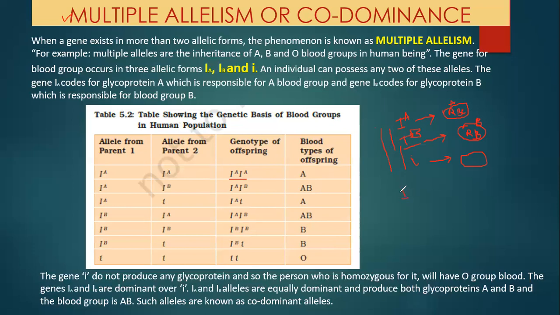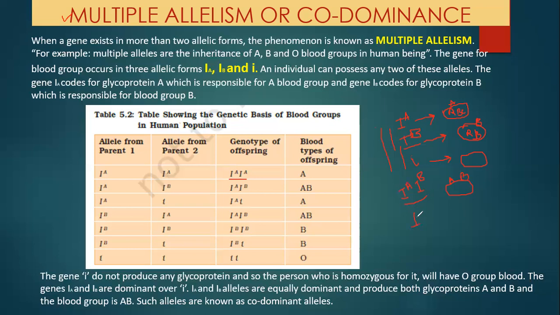The IA gene and IB gene both are dominant alleles. So if both come together, then both will be expressed, and red blood cells will have A glycoprotein and B glycoprotein both on their surface.